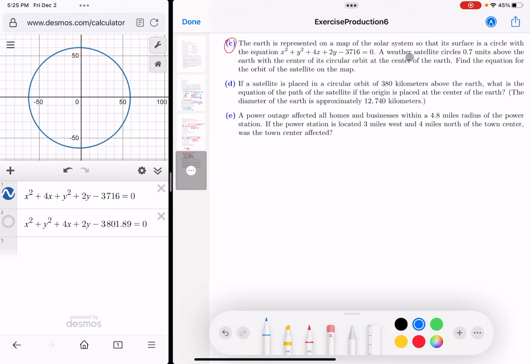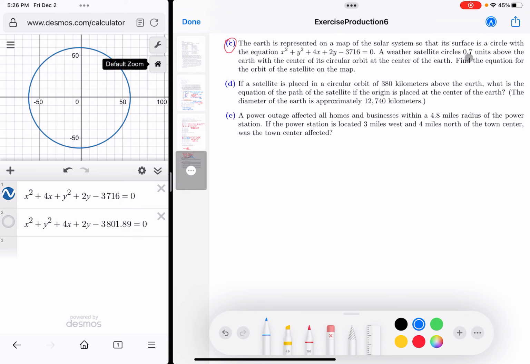A weather satellite circles 0.7 units above the Earth, with the center of its circular orbit at the center of the Earth. So the satellite is higher, so that put probably somewhere here above.